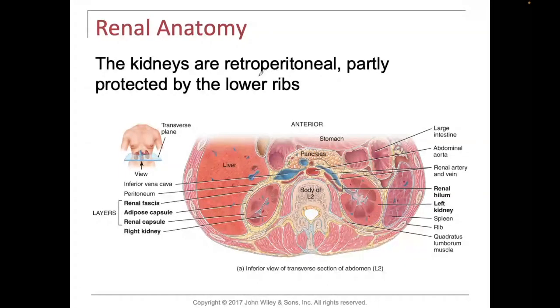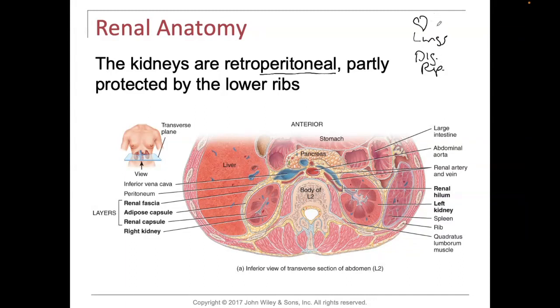Let's get an idea as to what this term retroperitoneal means. We remember the peritoneal cavity, right? The peritoneum. We learned this in A&P 1 when we talked about the heart, and then the lungs, and then the digestive organs and the reproductive organs.